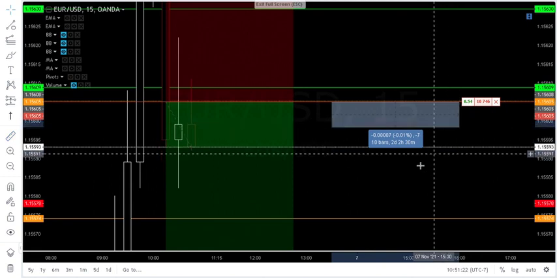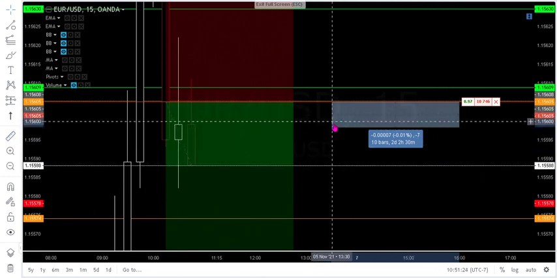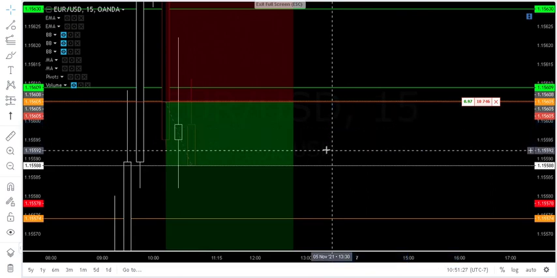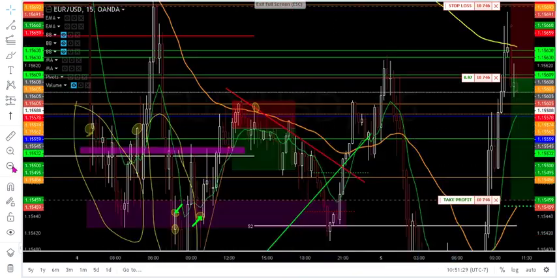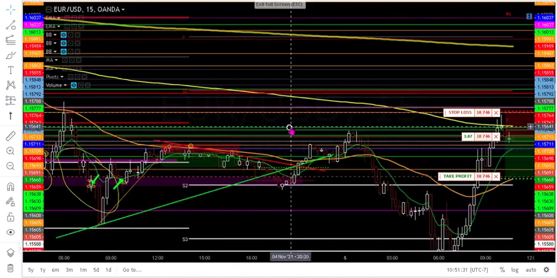Yeah, $5.98 is 7 pips away. So I'm not making money until 7 pips away. So that's correct. Now let's look at the overall.